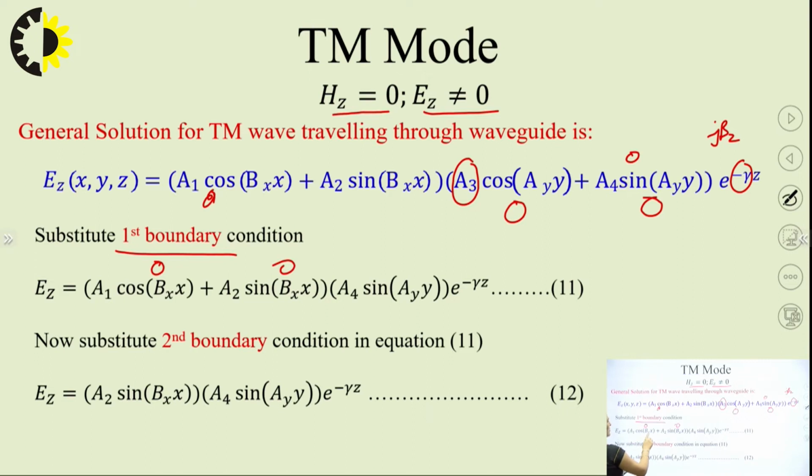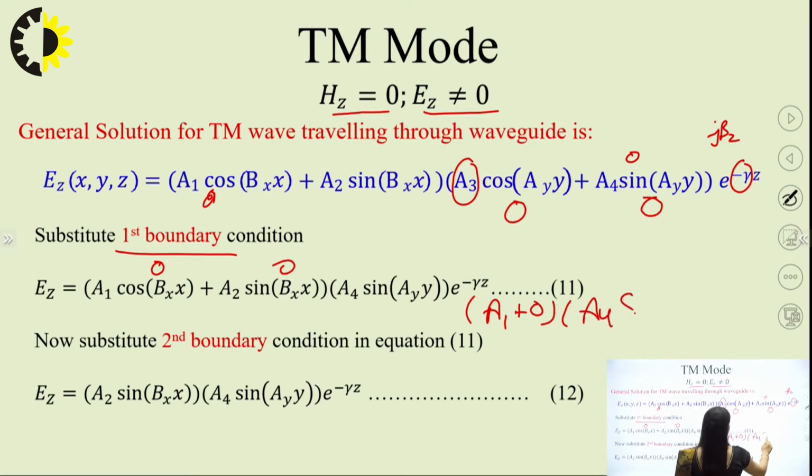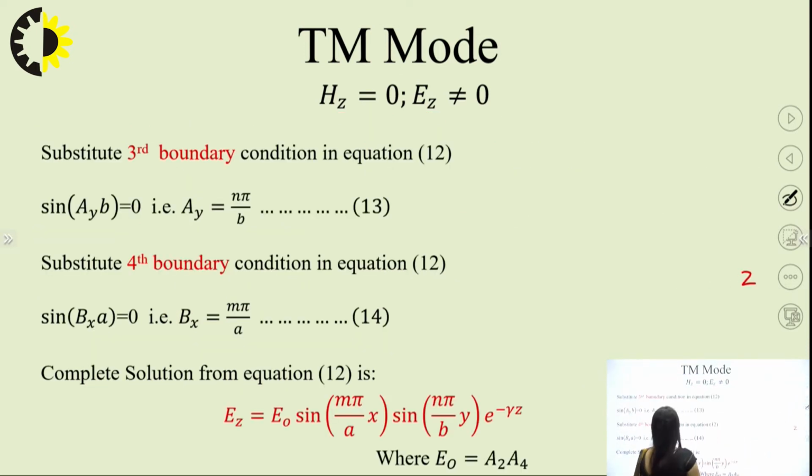So it reduces to a1 into a4 sin ay y e to the power minus gamma z.